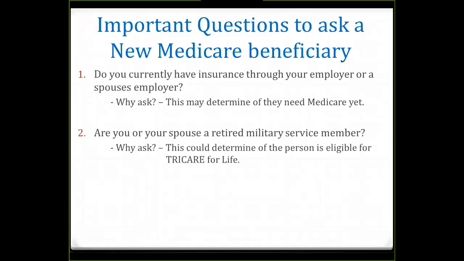If you come across a military service member who is not retired but gets health care through the VA, that's a different scenario. The VA and Medicare do not work together. So a beneficiary could go to the VA hospital and get care, or they could go to a civilian hospital and get care.